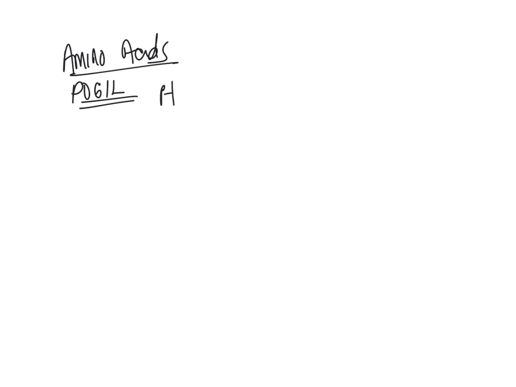Okay, today we're going to talk about the amino acids. A couple of Poggle questions that I want you to go ahead and get on here: I would like to see you draw the Haworth projection of D-fructose.